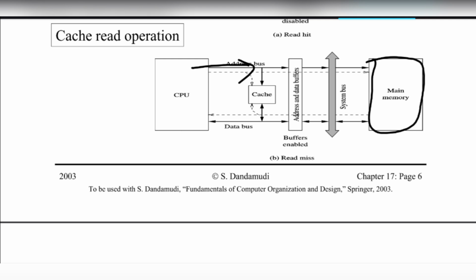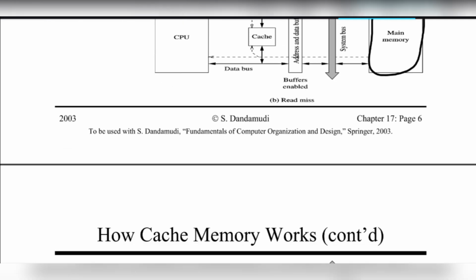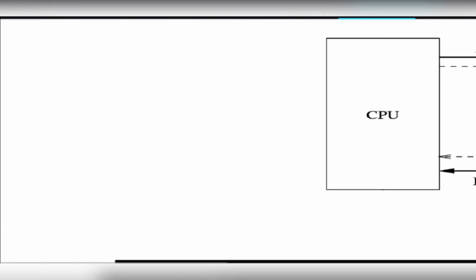The address is needed inside the cache memory. If the address is found, then there is a cache block related to the address. Then the data from the cache block will be taken to the CPU. Our system never searches the data inside the cache; it always searches the address.